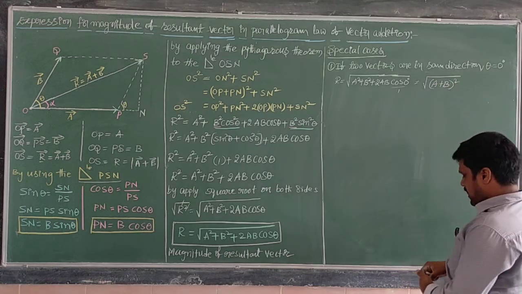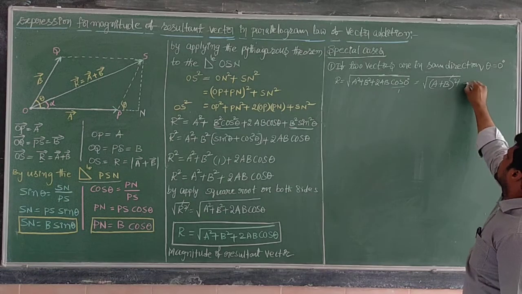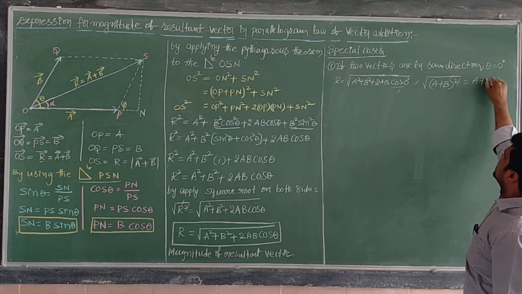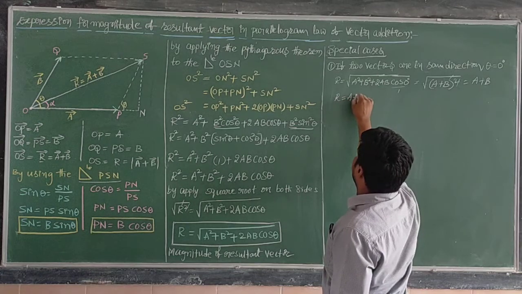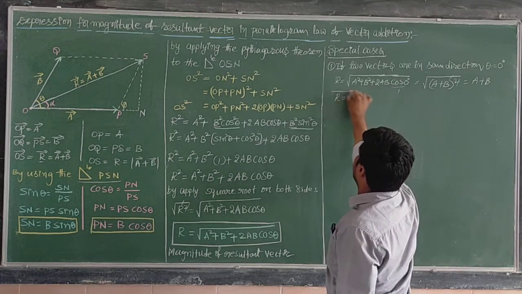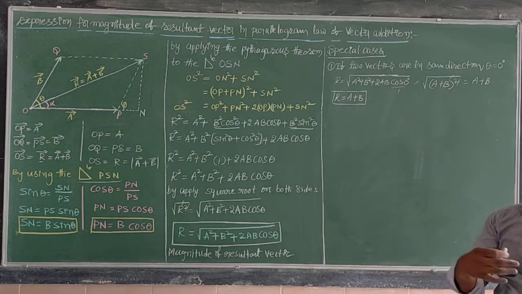Cancelling, we get a plus b. So when the two vectors are in the same direction, the resultant is a plus b: the magnitudes add up with each other.